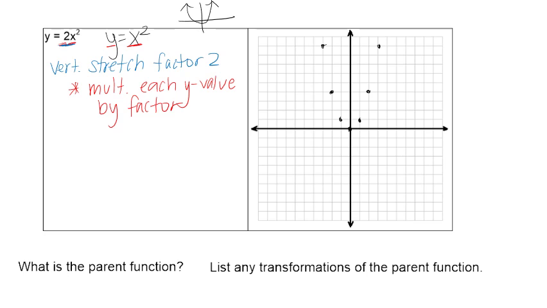So when I go to apply this vertical stretch, all that I have to do is multiply each y value by a factor of 2. So I'd start here at 0, 0. When I'm at 1, 1, the y value is going to multiply by 2, so it's going to become 1, 2. Same thing with -1, 2. And then I would have over 2, up instead of 4, I'm going to go up 8.